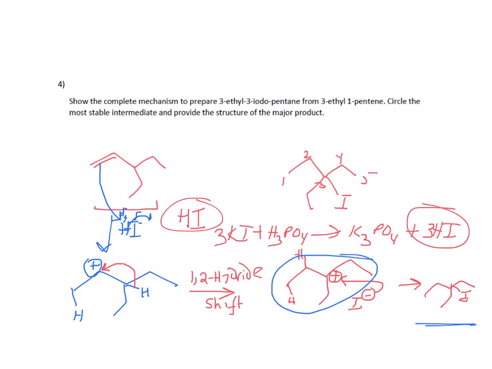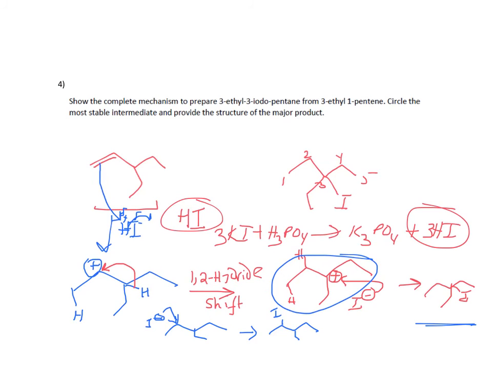And so it's a possibility that the I minus might be able to attack directly at the secondary carbocation, in which case the minor product is going to be the I at the secondary center, like this, and that will be your minor product.